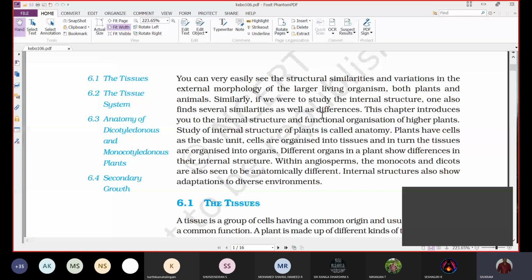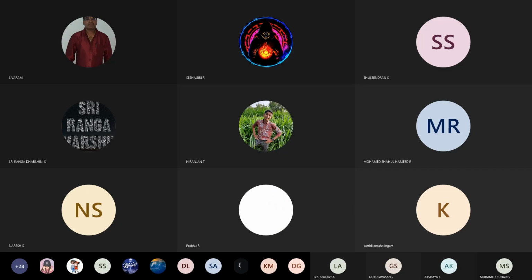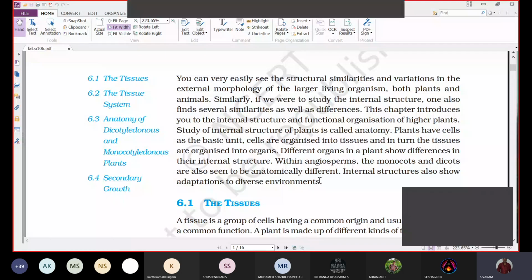In the same manner that we observe differences in the morphological features of organisms, the internal structure also shows certain similarities and certain differences.